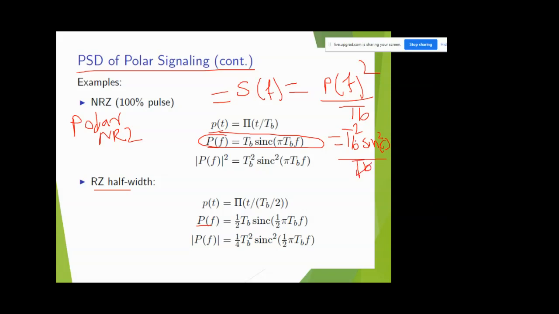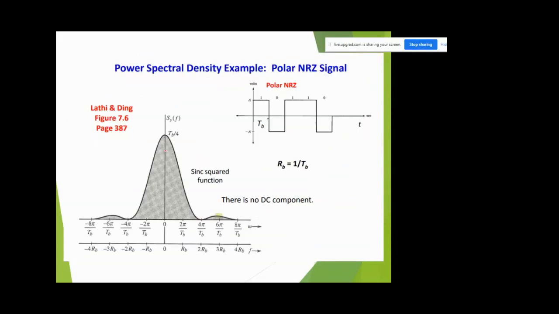Okay, so this TB and this TB will get cancelled, so the only remaining term is TB sinc square of pi TB F. So this is the power spectral density of polar NRZ. Okay, so if you plot it, such type of spectral density function we will get here.